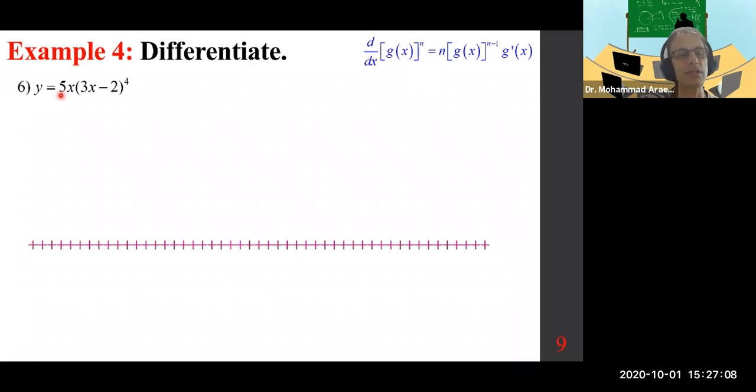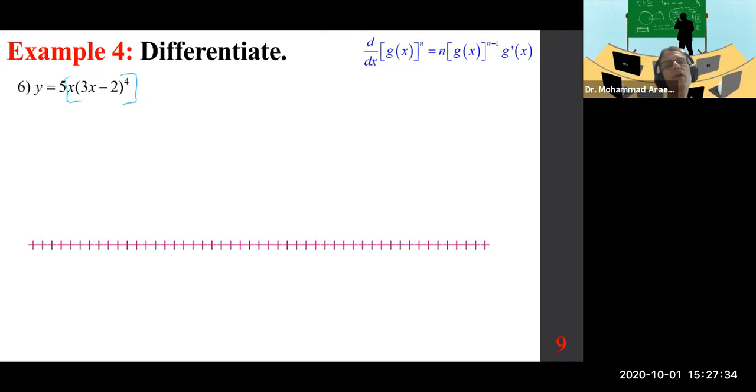If that happens, I recommend you do this. 5, or 5,000 or 10,000 or the number, keep it out as a multiplier. So that one is multiplied by everything that you do. And now you have x and then (3x minus 2) to the power of 4. Okay, class?